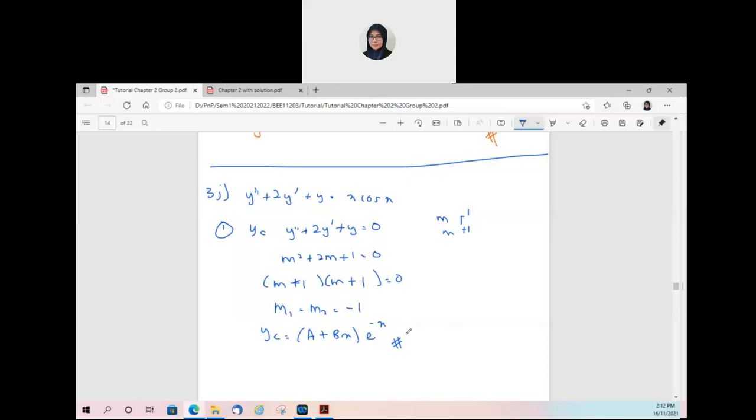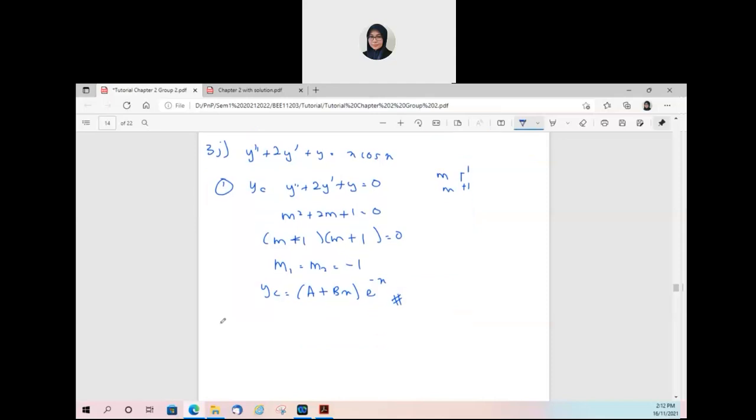Okay, so the next step is you have to find yp. yp is the assumption that comes from f(x). In this equation, our f(x) is x cos x.